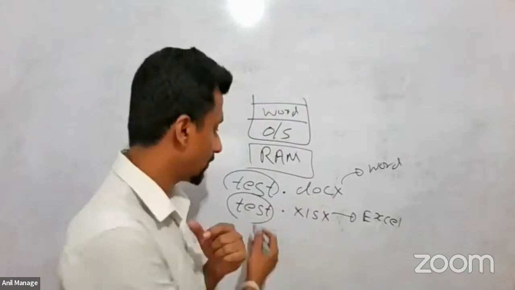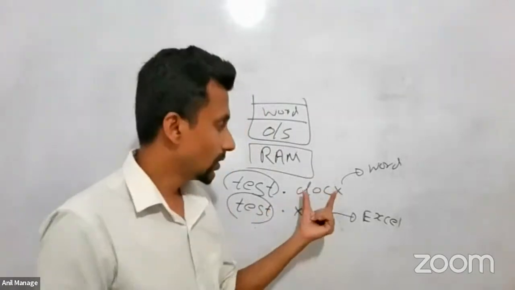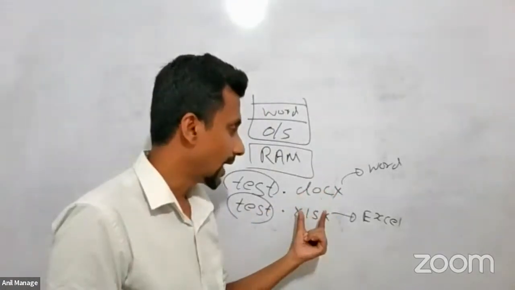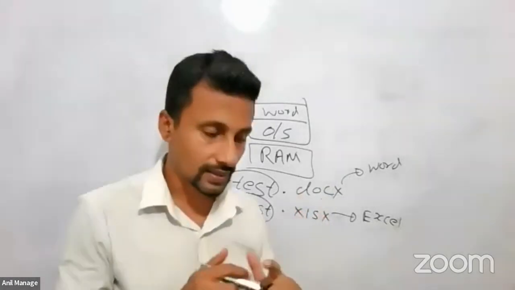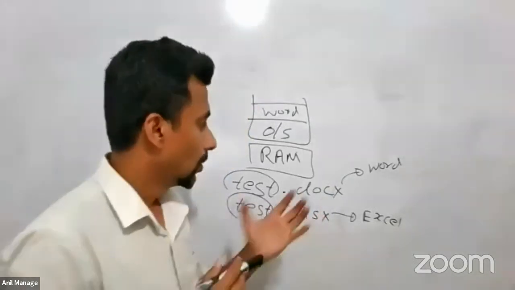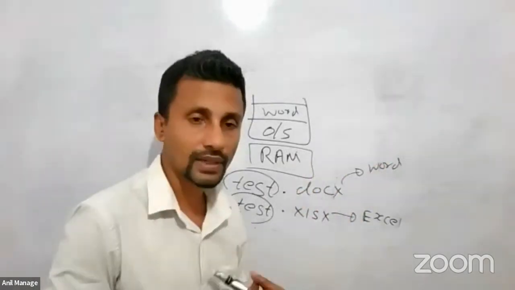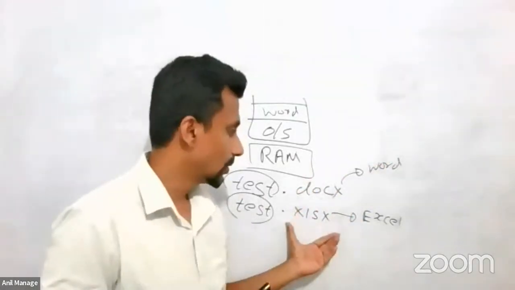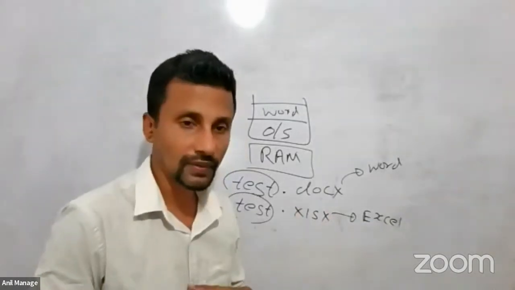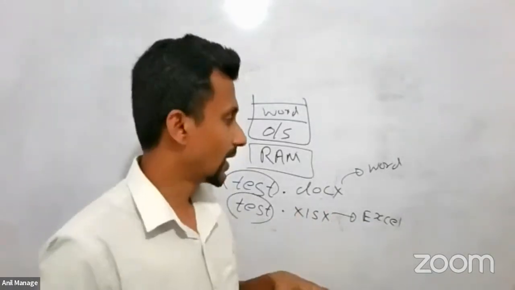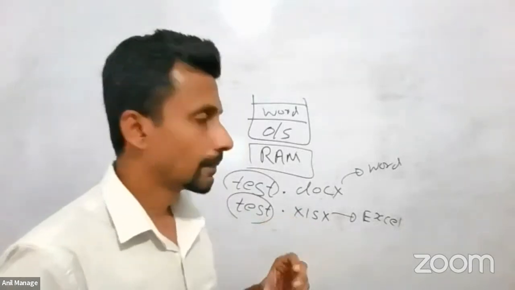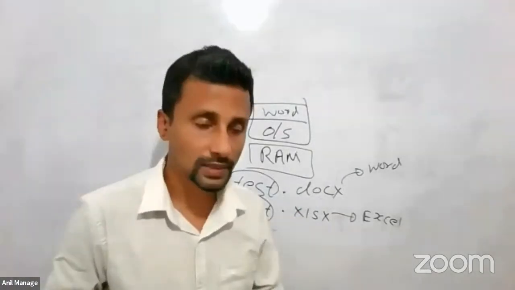This part is called the file name, and this is called the extension. According to the extension, the operating system identifies that this program is related to Word and should open with Word, and this one is related to Excel and should open with Excel software. That is done through file management.